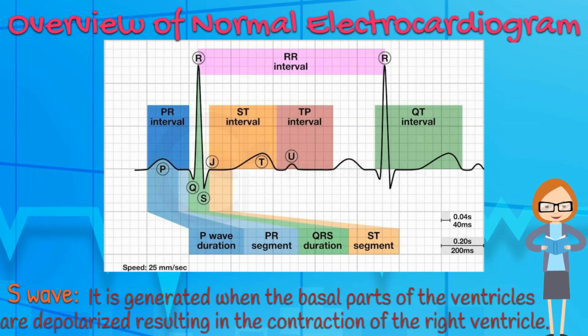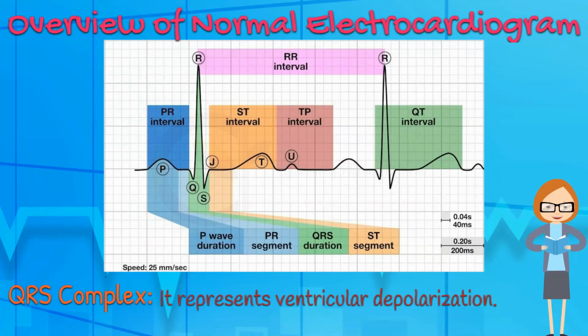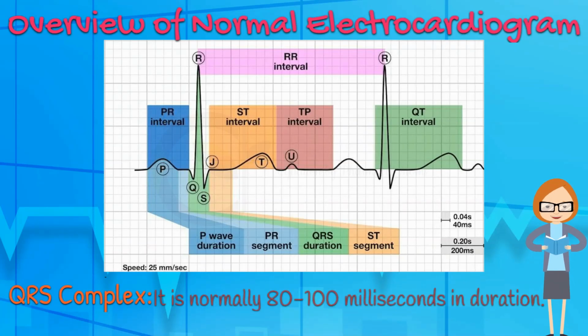S wave is generated when the basal parts of the ventricles are depolarized, resulting in the contraction of the right ventricle. The QRS complex represents ventricular depolarization. The QRS complex is normally 80 to 100 milliseconds in duration.